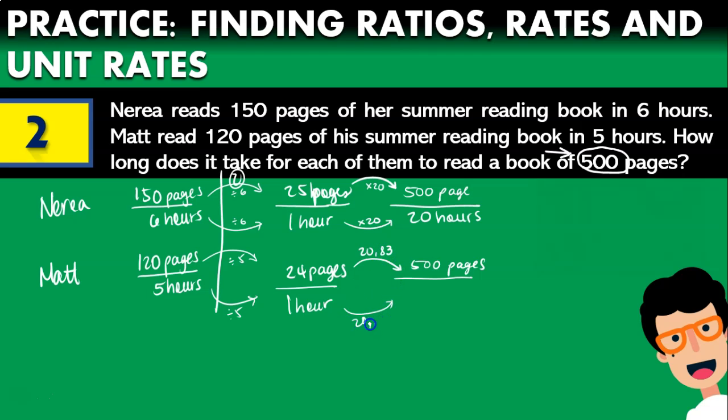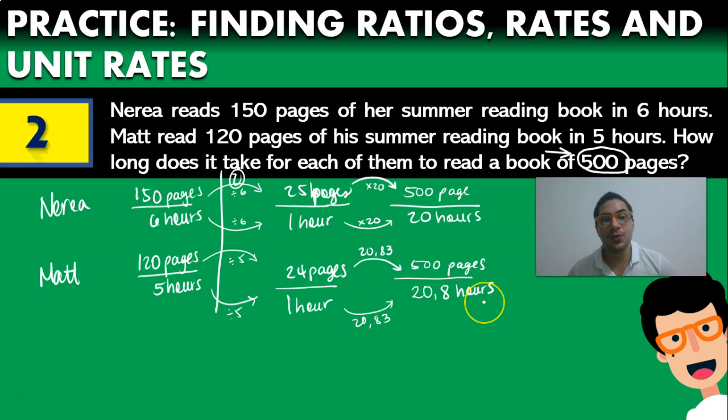So you multiply both by that same number, and that's going to give you 20.8 or 20.83 hours, meaning that Matt spends 20.8 hours while Nerea just spends 20 hours. And that is it, guys. So in this problem, we basically saw how you can actually get the same answer using both methods.